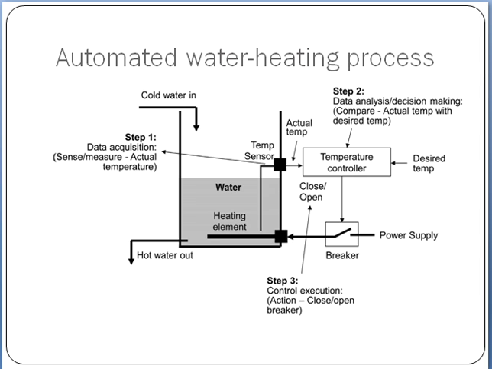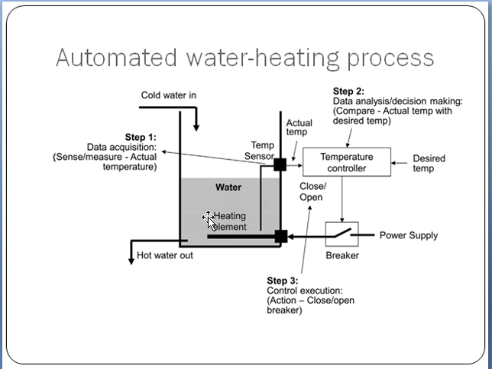This is the example of an automated water heating process. In this example, we can see how the subsystems work in practice. We can see this is the tank in which water is filled.